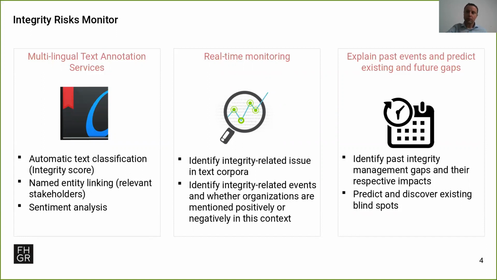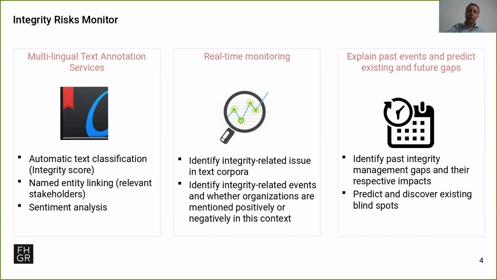All these annotated documents are then published in a real-time dashboard that is used for monitoring. This can be used for instance, identifying integrity-related issues in these corpora, and also for getting a feeling of whether they are associated or perceived positively.